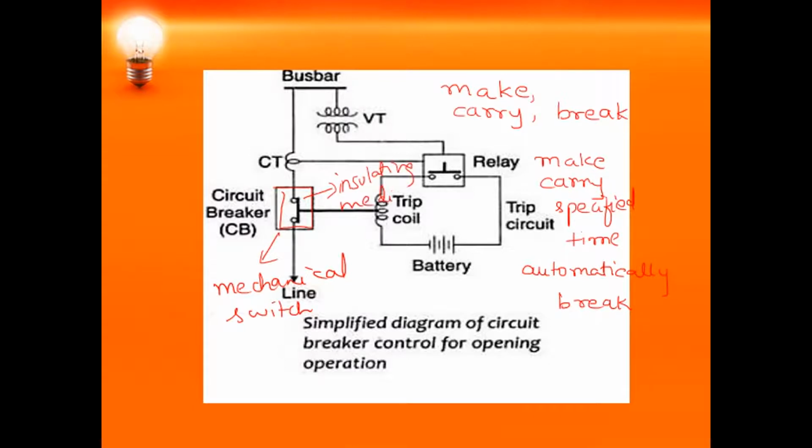This insulating medium can be either oil, air, SF6, or vacuum. Based on the insulating medium present in the chamber, we can categorize the circuit breaker as oil circuit breaker, air circuit breaker, air blast circuit breaker, SF6 circuit breaker and vacuum circuit breaker.